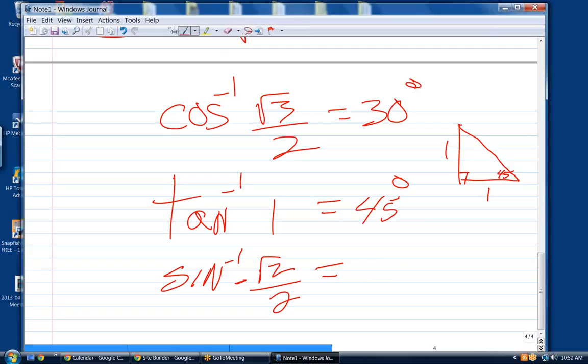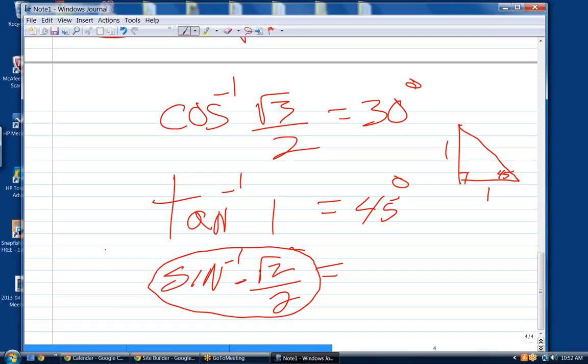Actually, all of these could be. The calculator will only give you the principal value, which is defined for sine as being first and fourth quadrant, and tangent as being first and fourth quadrant. So the answer they're looking for is the fourth quadrant answer, not the third quadrant answer.